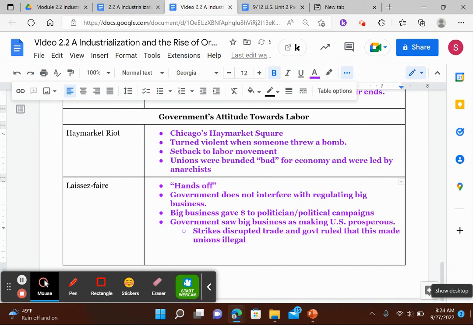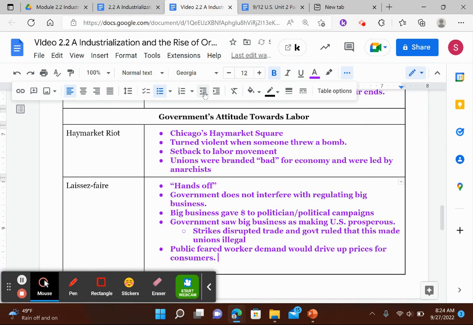Public feared worker demands would drive up prices for consumers. So the idea is if the workers were making more money, then they would have to charge more for products, and the public did not want prices to go out of control.